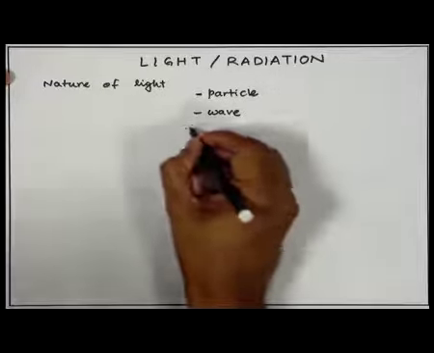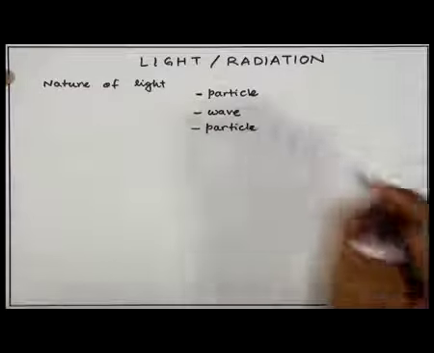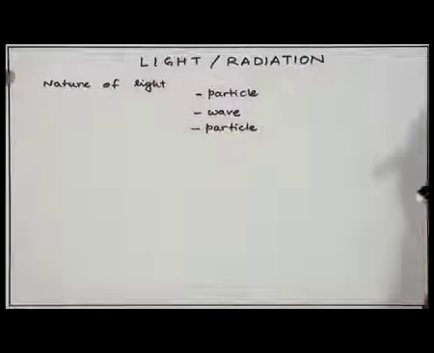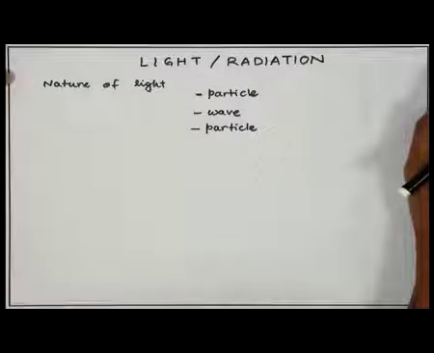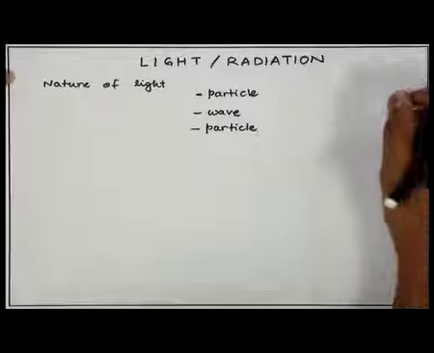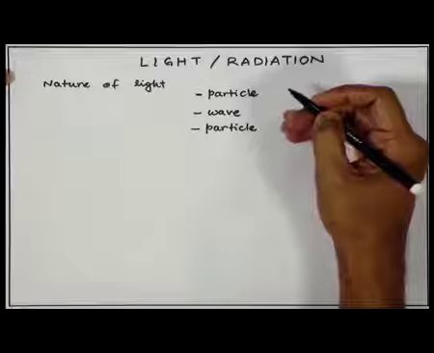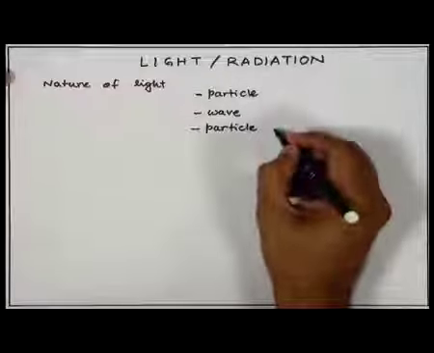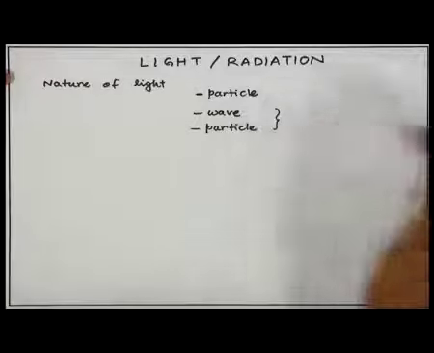On the other hand, when we used light as a particle, we could again explain all those observations that the experiments were showing us. So, sometimes light is a particle, sometimes light is a wave. At the end of our discussion, we will come out with this: that light is both wave and particle.